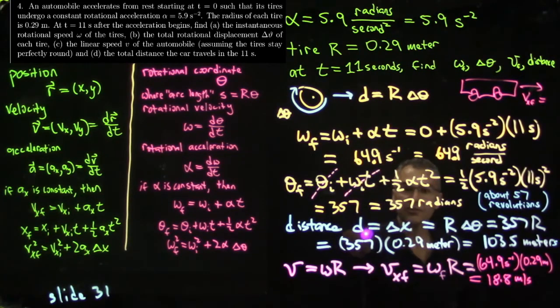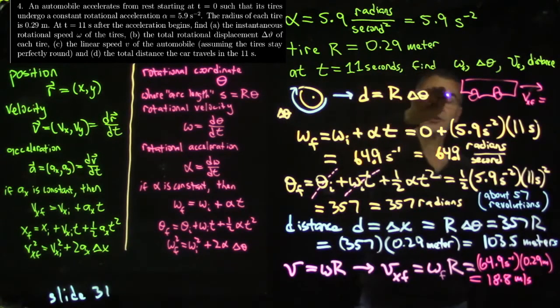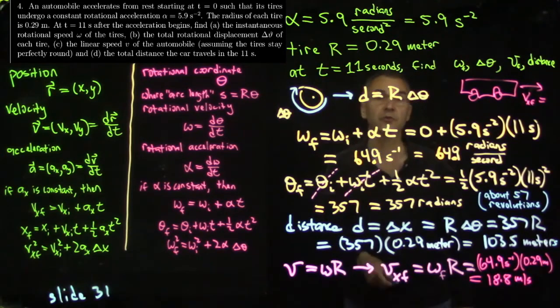Then the distance the car goes forward is the radius of the tire times this delta theta. Delta theta is theta final minus theta initial. So that's 357 times the radius, 357 times 0.29 meters. So this is just like arc length equals r theta. And arc length along the circumference is the same as the distance that the car goes forward because the wheel rolls without slipping.